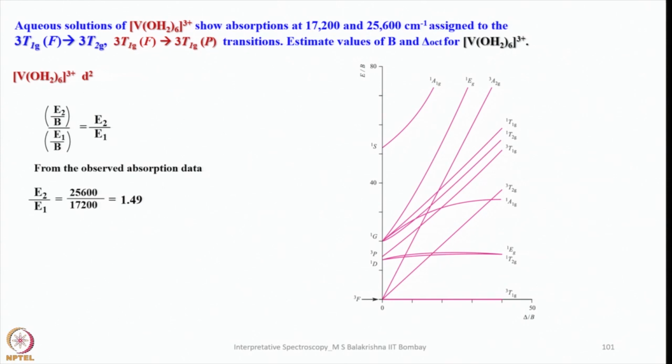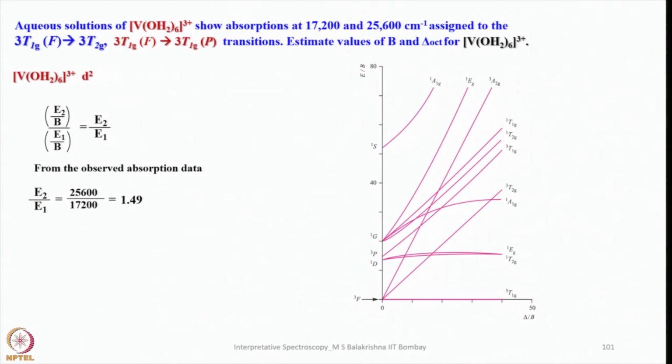Aqueous solution of hexaaquavanadium(3+) shows absorptions at 17,200 and 25,600 centimeter inverse, assigned to 2 transitions, that's already given: 3T1g(F) to 3T2g and 3T1g(F) to 3T1g(P). Estimate values of B and delta O for the hexaaquavanadium compound.